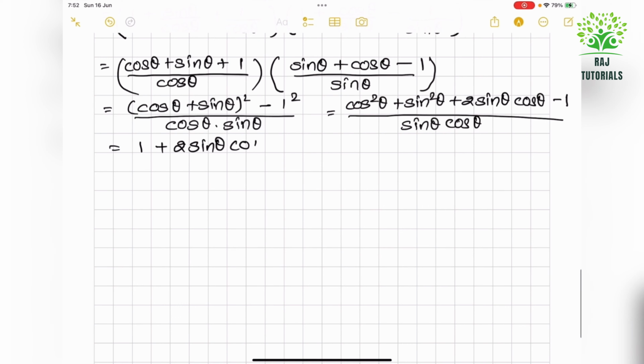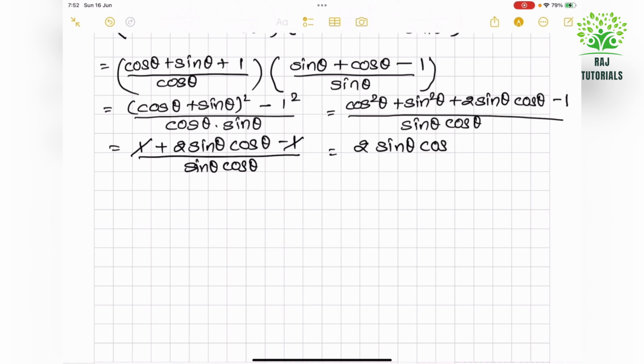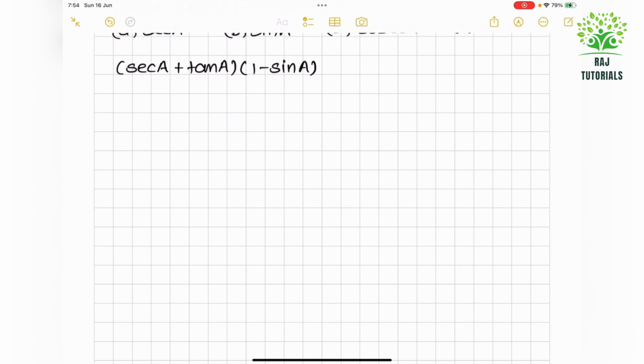So we know that cos square theta plus sine square theta equal to 1. So 1 plus 2 sine theta cos theta minus 1 upon sine theta cos theta. So now 1 and minus 1 got cancelled. So it came as 2 sine theta cos theta upon sine theta cos theta.